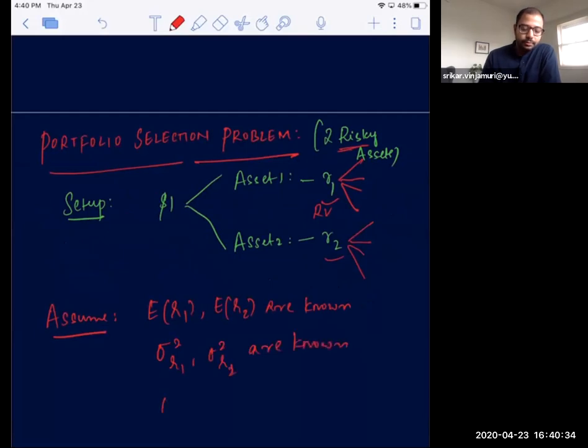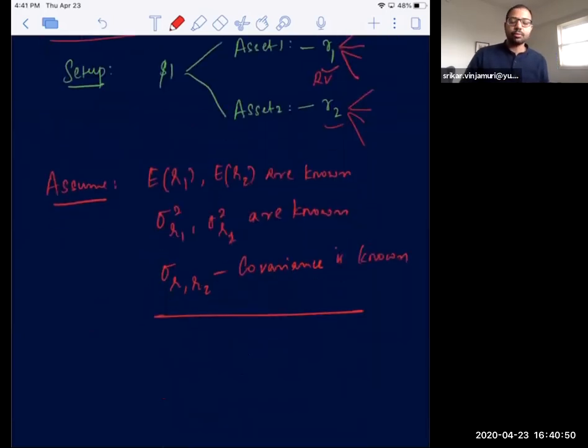And we assume that we know the covariance between the assets. We'll get into each of this in a second. So that's the foundational assumptions that we make about what we know about these assets: that we can know the expected return, we can know the variance, and we know the covariance between the two assets.